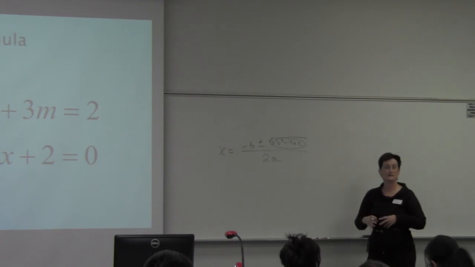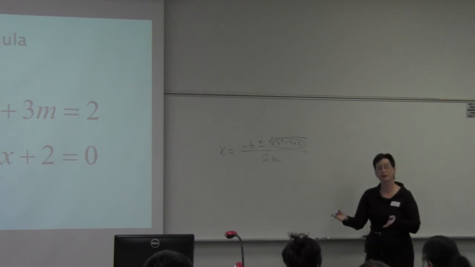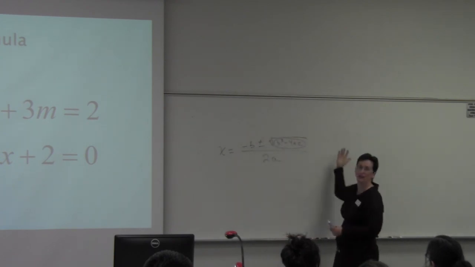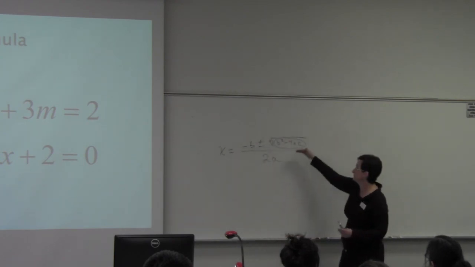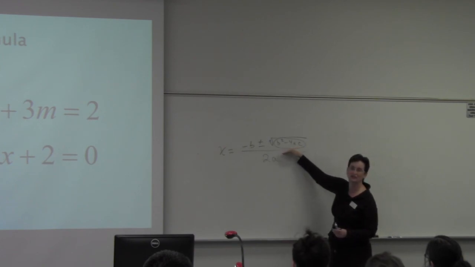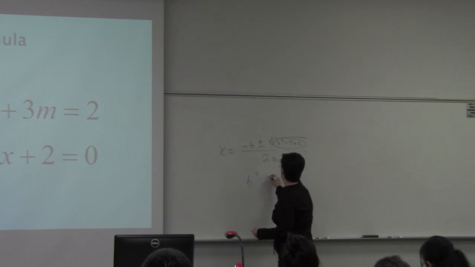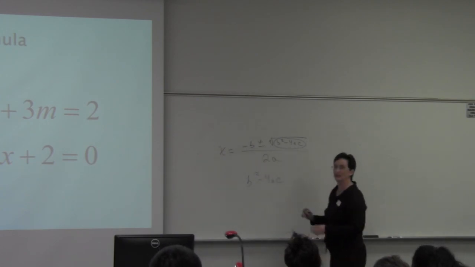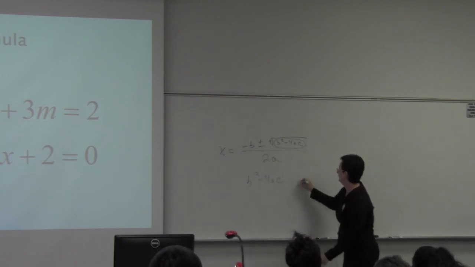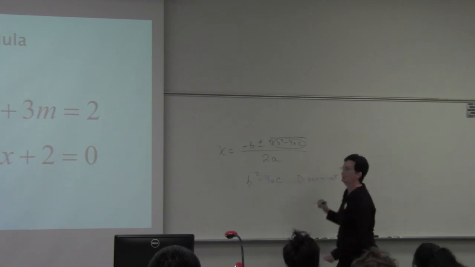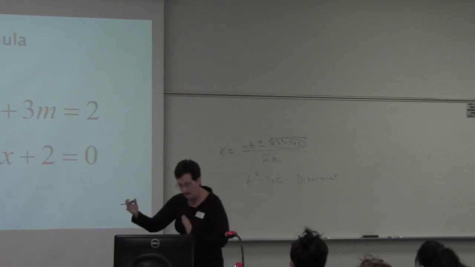So if I wanted to find out whether something was real or imaginary, I don't have to do the whole thing. All I have to do is check what? Just this guy. So this guy right here, b squared minus 4ac, just that tiny little piece, is called the discriminant, because it discriminates between real and imaginary.